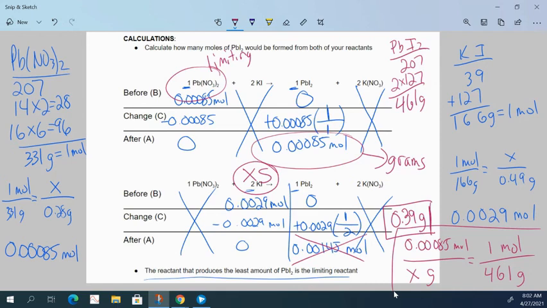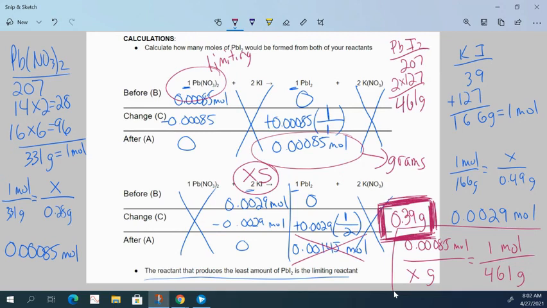Okay, 0.39 grams. Right here, this is my final answer. I know it's kind of messy, but this is my final answer here for the amount of grams of PbI2 we should produce.